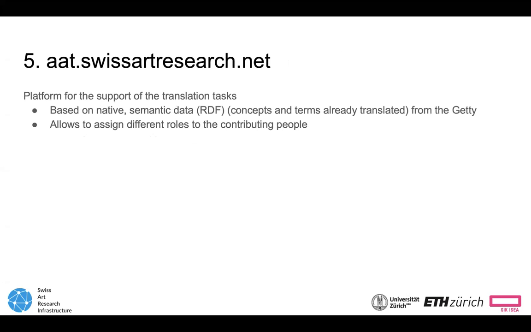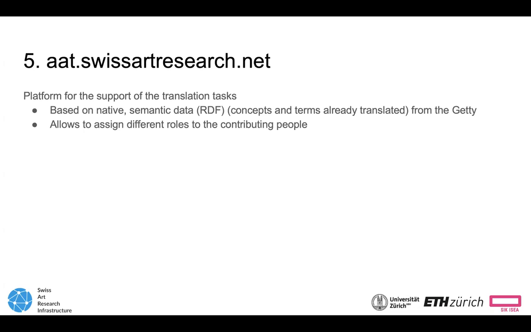In order to support the translation tasks, we built a specific platform, which is AAT.swissartresearch.net. This platform is based on the native semantic data of AAT, and we integrated in this platform all the concepts and the translations from the Getty. The translation is a complex process.